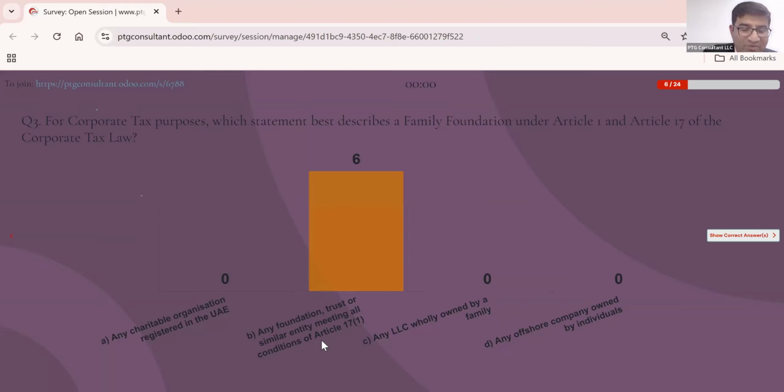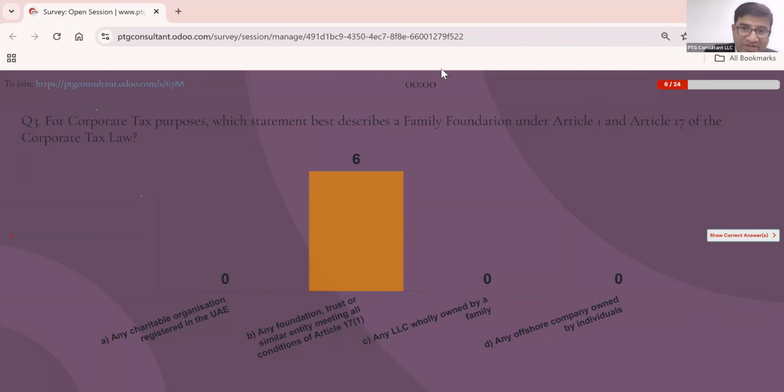Here, a family foundation and an entity owned by a family foundation that meets the condition of Article 17 means any LLC company also, if meeting the condition of Article 17, may fall under the family foundation transparency.